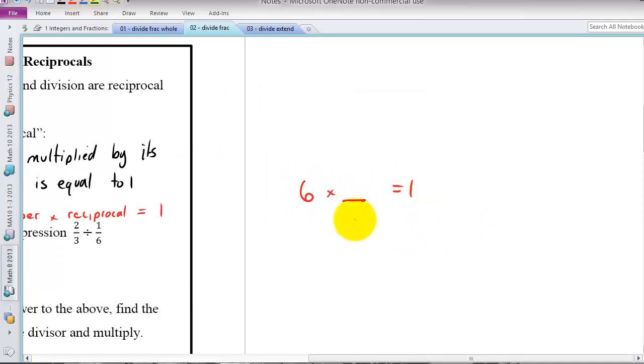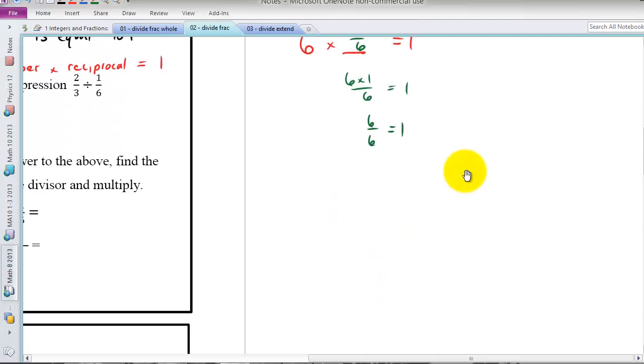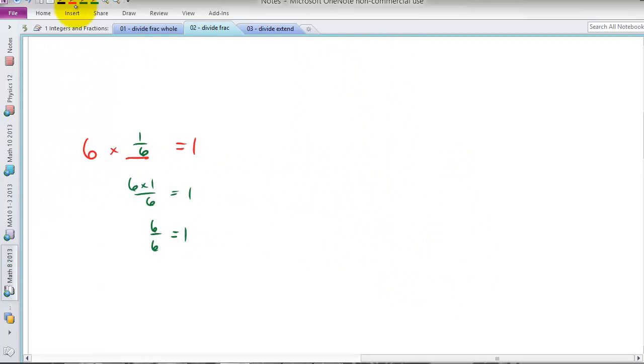I think some people would say 1/6. 6 times 1/6 equals 1. That's the idea. What's the reciprocal of 28? I hope people would say 1/28. That's the reciprocal of 28.